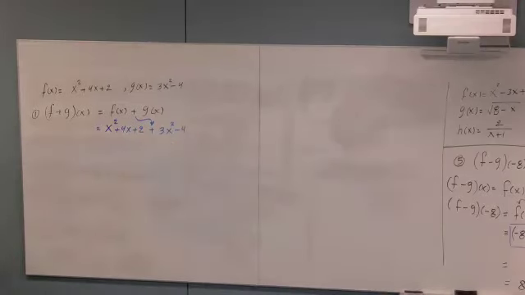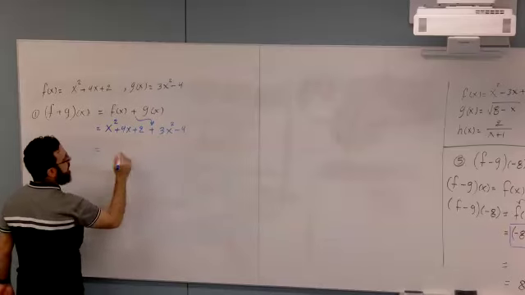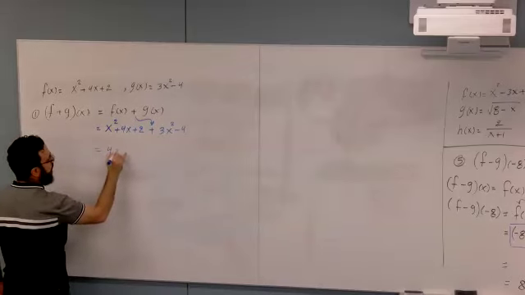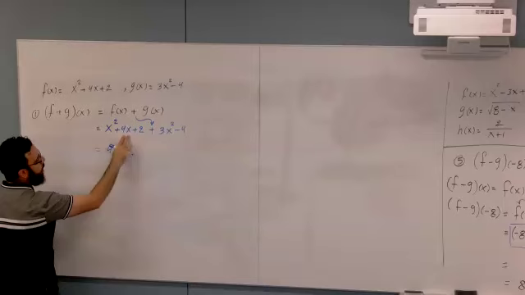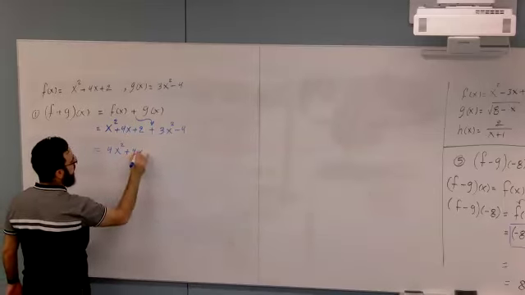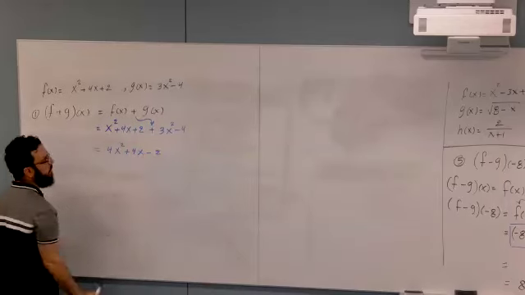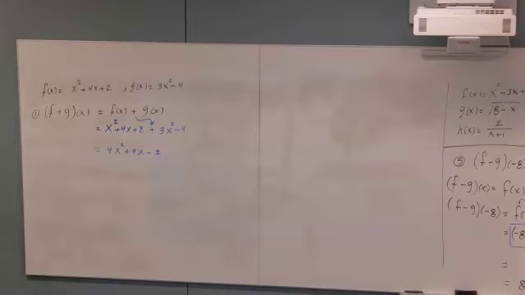So next step, we just have to combine the like terms. x squared plus 3x squared, 4x squared. 4x, do I have an x here? No, so keep the 4x down. 2 minus 4, that's it. So in general, f plus g of x.